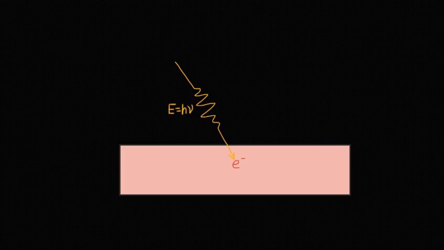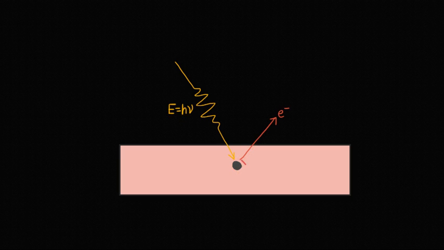So consider a photon which interacts with this electron. Now this photon has the energy h nu. Fine. Now what will happen to this energy? So some part of its energy will be consumed by this electron to free the electron from this surface.